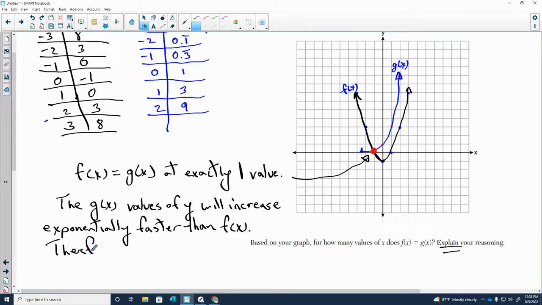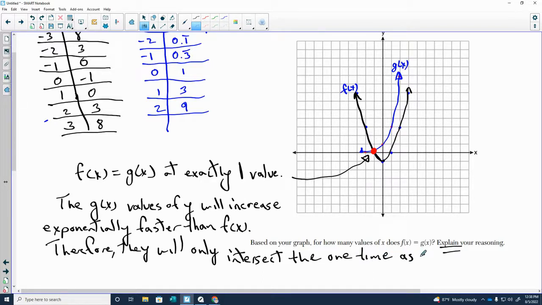Therefore, they will only intersect the one time as seen on my graph. That might be a little overdone right here, but it definitely gets the idea across that there is only one value where f of x is equal to g of x, and I gave basically why.